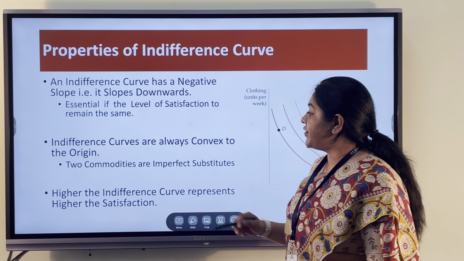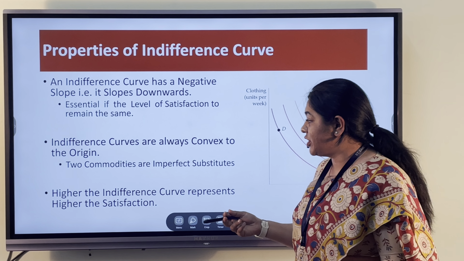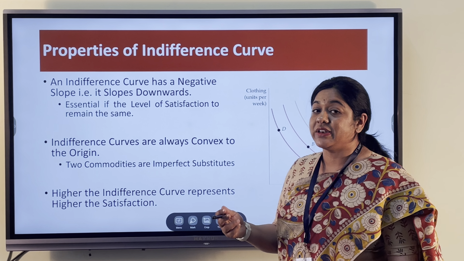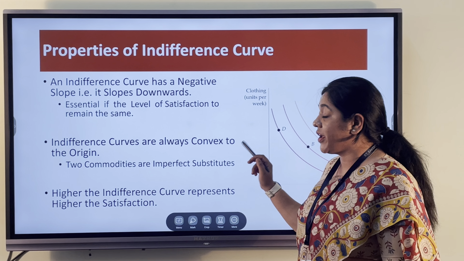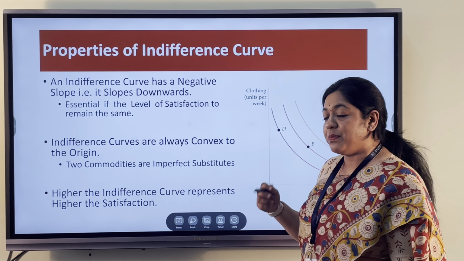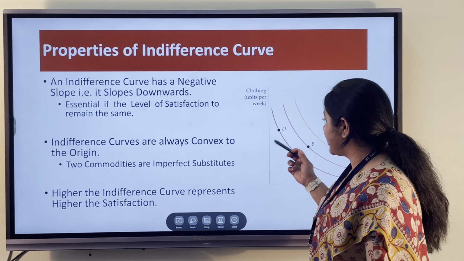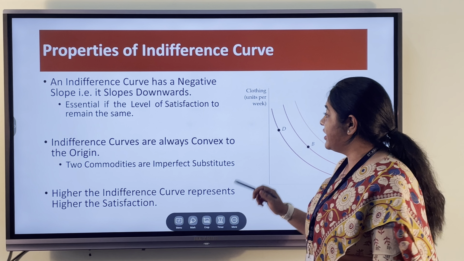Second, indifference curves are always convex to the origin because two commodities are never perfect substitutes. Therefore, the indifference curves are always convex to the origin. The third property is that the higher the indifference curve, the higher the level of satisfaction, as we discussed in the indifference maps.